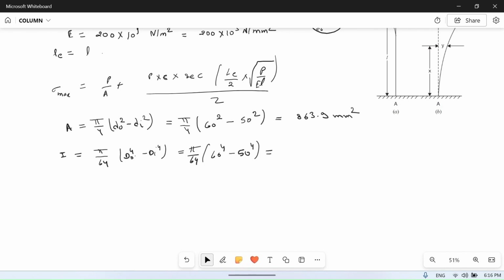If you calculate it, you will get 329 into 10 to the power 3 mm to the power 4. Okay, so this is the value of I.